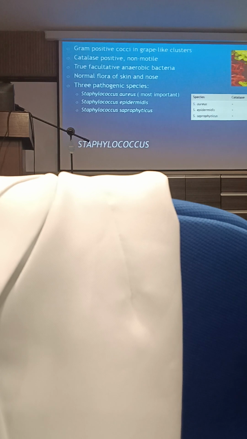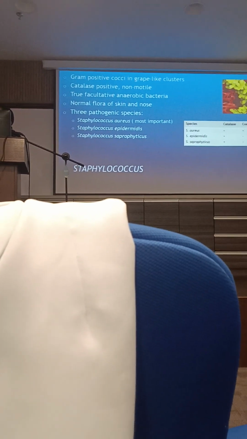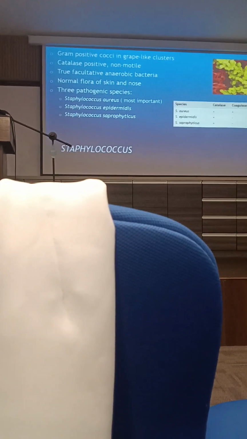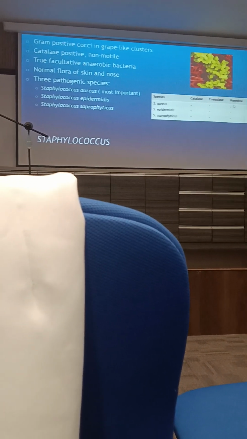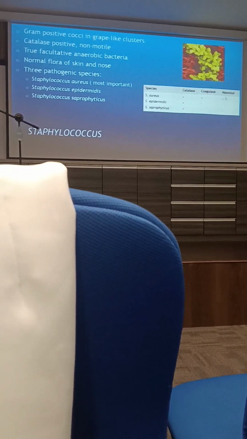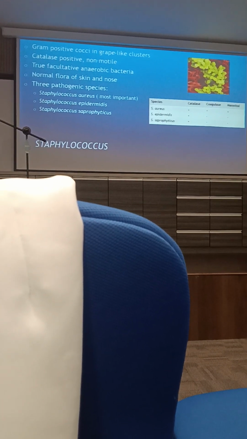So this is a general chart showing how these three can be differentiated. As I said, Staphylococcus are all catalase positive. But aureus is also coagulase positive and mannitol positive. Mannitol is a sugar, so Staphylococcus aureus is able to ferment it, and we'll see that plate later.